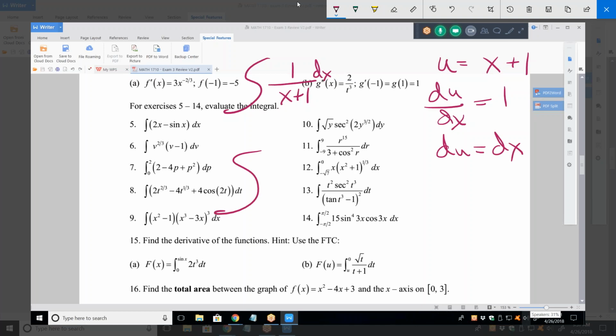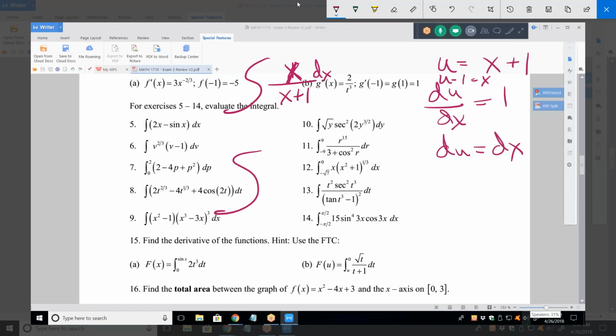If u equals x plus 1, what does x equal? x equals u minus 1. So what I have is, excuse me, I meant this to be x over x plus 1. That's the one I can't solve.